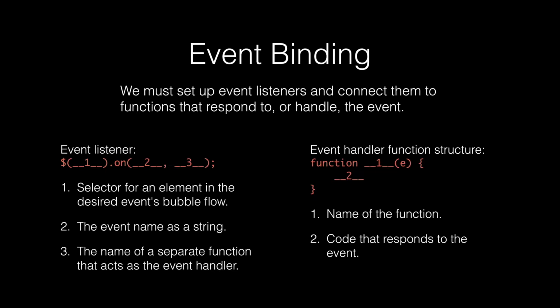So over here on the right, I'm giving you the formula for defining an event handler function. Of course, you're going to name it like you would any function that you want to be able to call directly. And the convention is that we pass in one parameter that represents the event that triggered this function being called.